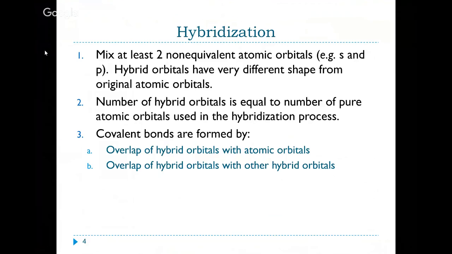The number of hybrid orbitals you make is equal to the number of pure atomic orbitals used in the hybridization process. So when you form your covalent bonds, you're either overlapping hybrid orbitals with atomic orbitals, or hybrid orbitals with other hybrid orbitals.